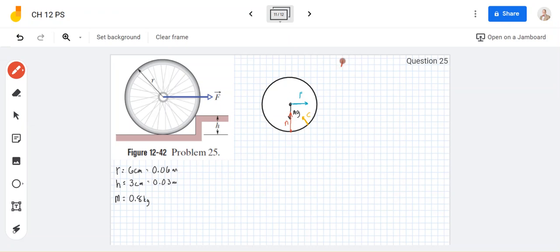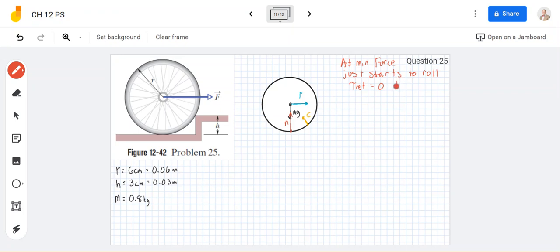So at the minimum force, as it just starts to roll, two things are true. One, the net torque is still equal to 0, because it is just beginning to start to roll.